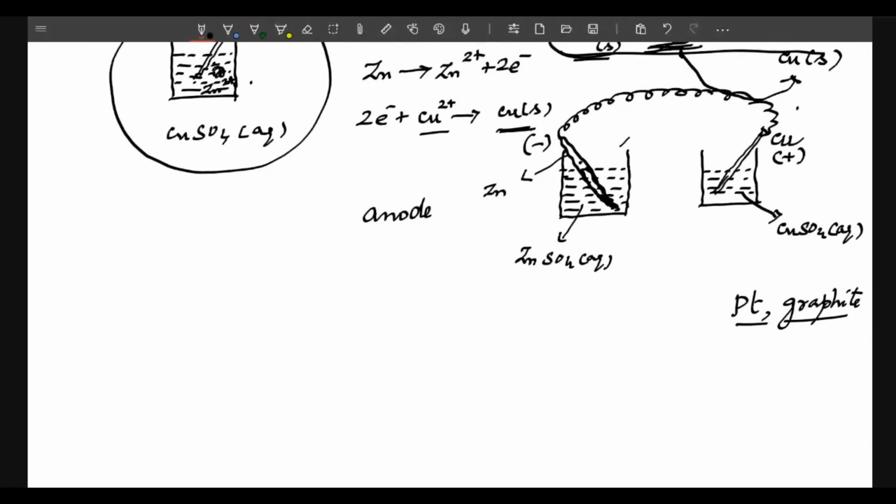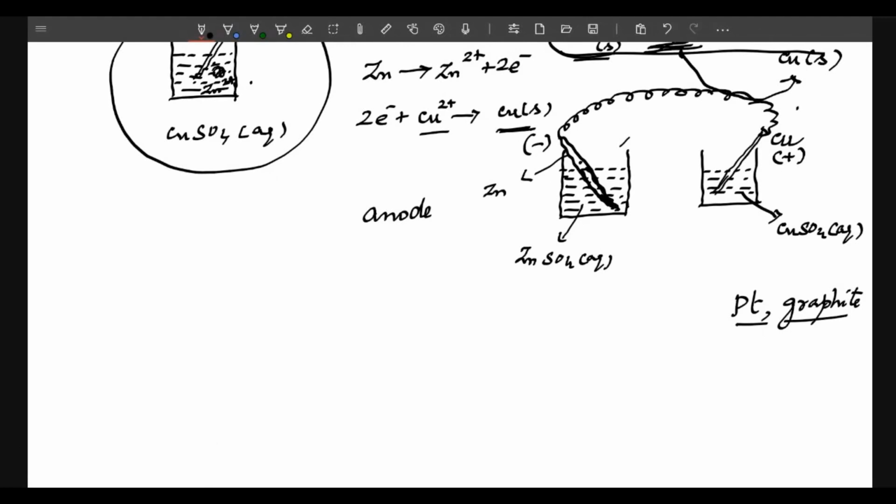Now, whether the reaction is taking place or not, here the reaction would not be taking place. Why? We are connecting the zinc rod and the copper rod. Zinc is going to furnish zinc ions, the electrons are released and go from the zinc rod through this external wire to the copper electrode.